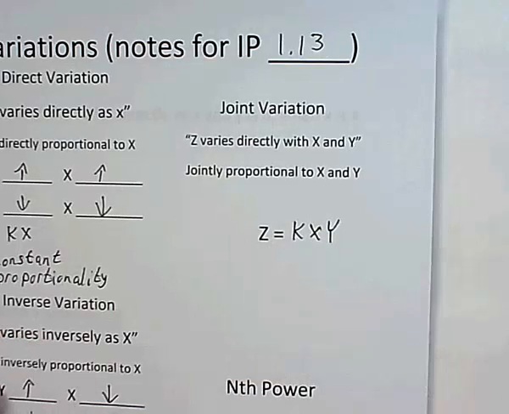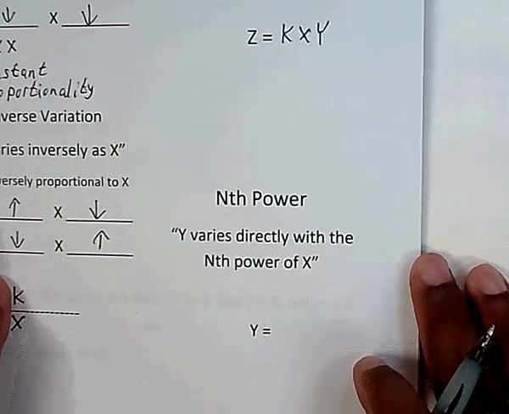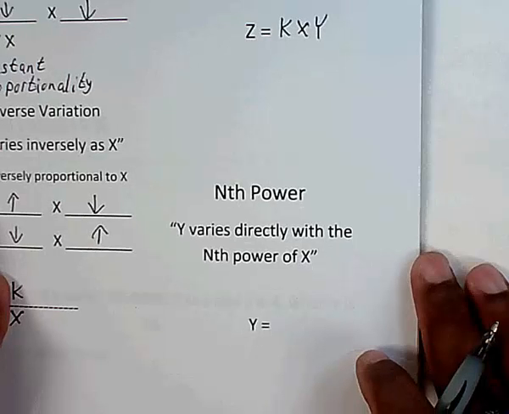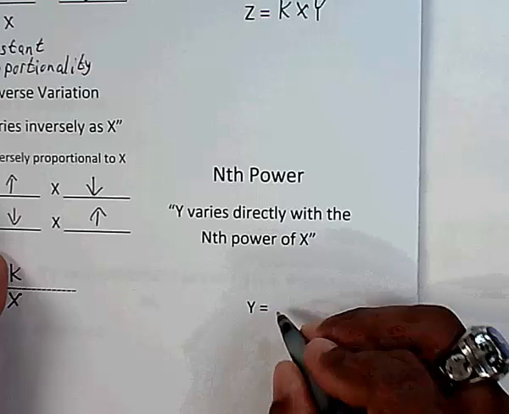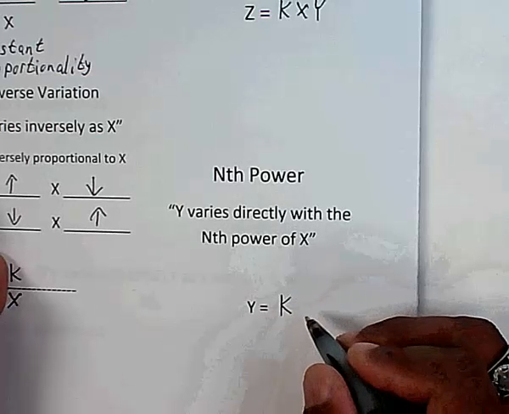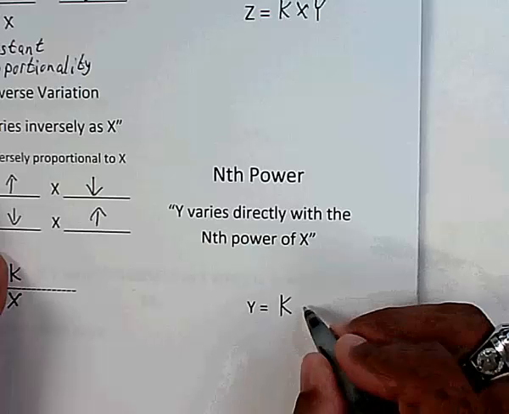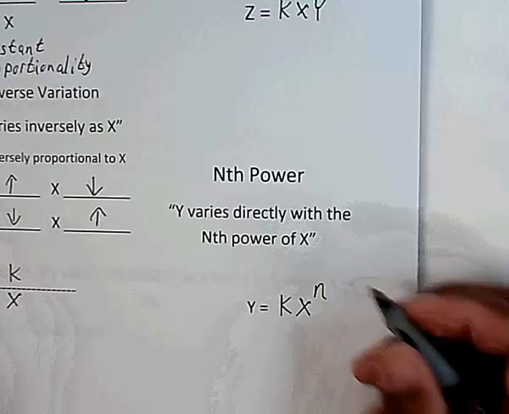And fourthly, we have the nth power, where y varies directly with the nth power of x. And our equation will be as follows: y equals k, our constant of proportionality, multiplied with x raised to the power of n.